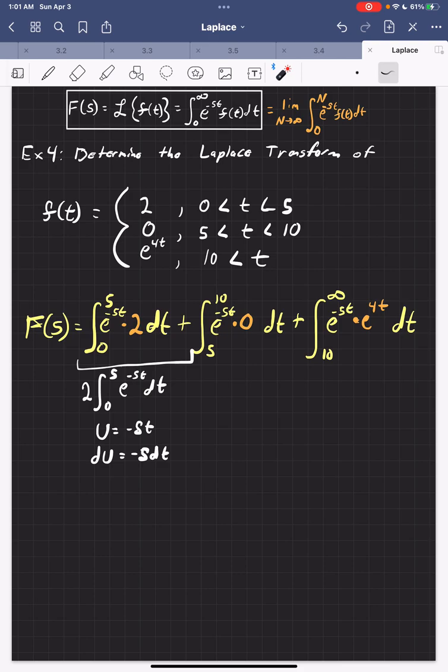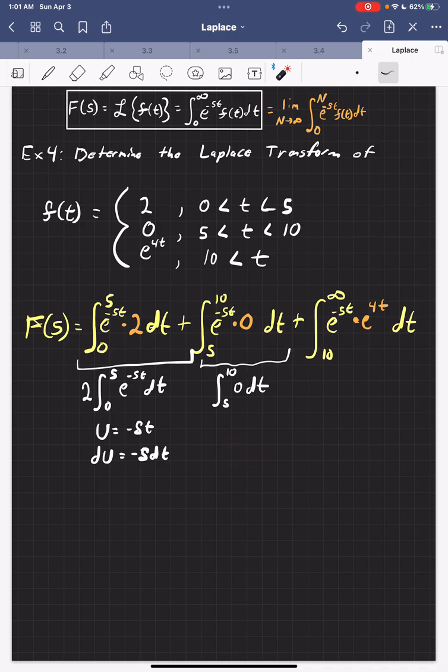Now, with this next integral, this is simply the integral from 5 to 10 of 0 dt. If you integrate 0, you just get a constant, you just get plus c.